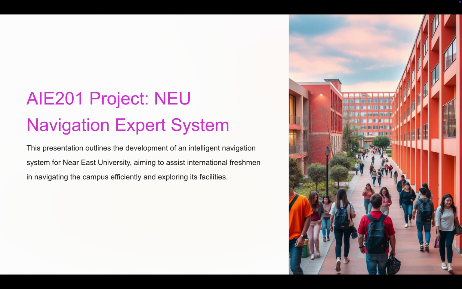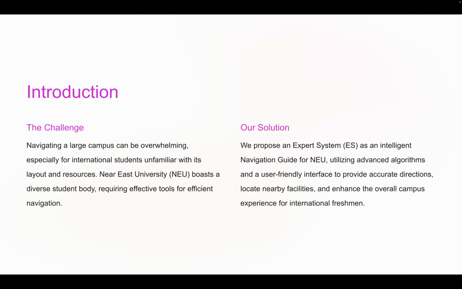We work on that, and actually, the challenge about the expert system, or why we decided to make an expert system, is because, as you know, nearest university is a huge university, and for new students it's kind of difficult to find their way, because they don't know about the university, even for any university, because you are new and you don't know what's going on.